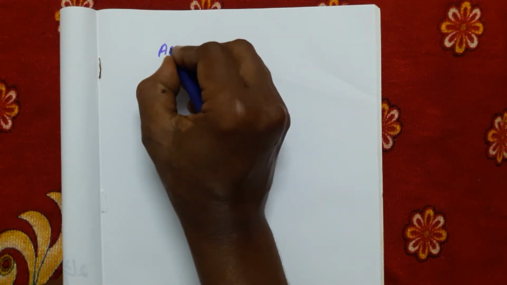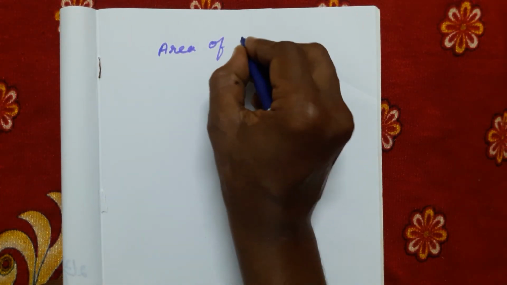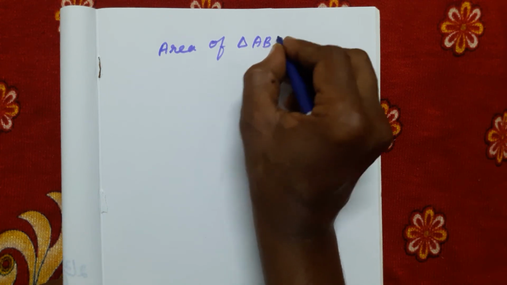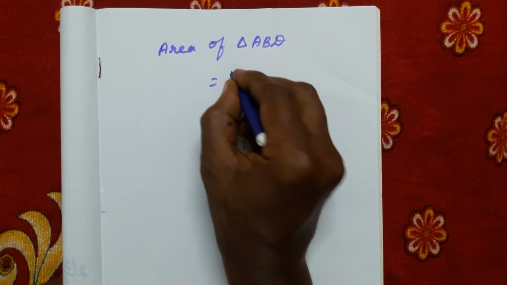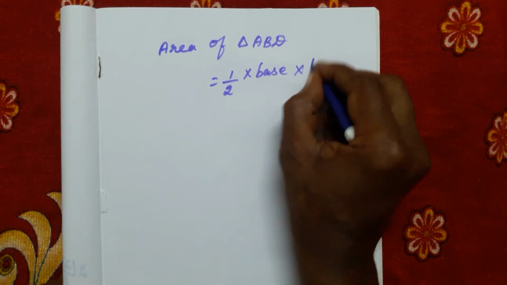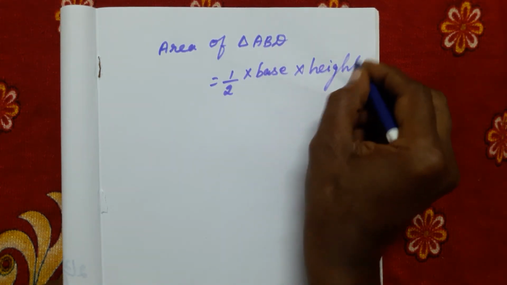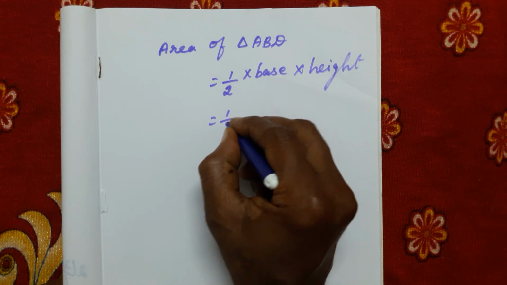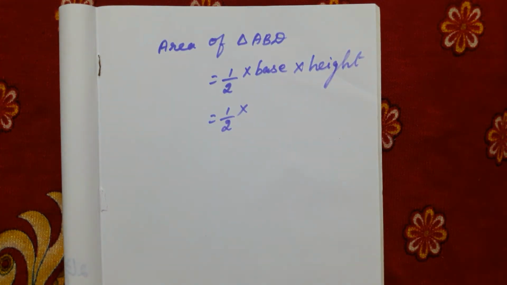Area of triangle ABD is equal to half into base into height, which is half into 12 into 16.